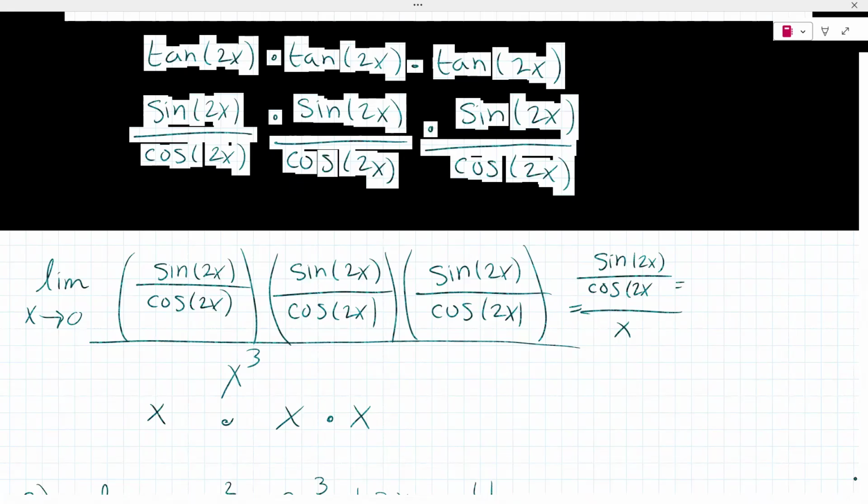What would this be? Sine of 2x over cosine of 2x over x. This is the same thing as dividing by x over 1. If I cross multiply, this would be sine 2x over x cosine 2x, right?